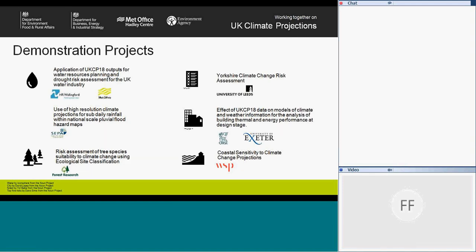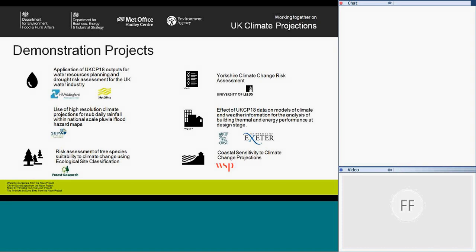So Yorkshire is a whole region. Well, it's a region in the UK, in the northeast, and what we did was to provide some cases within the project which looked at pathways to arriving at decision-relevant information.